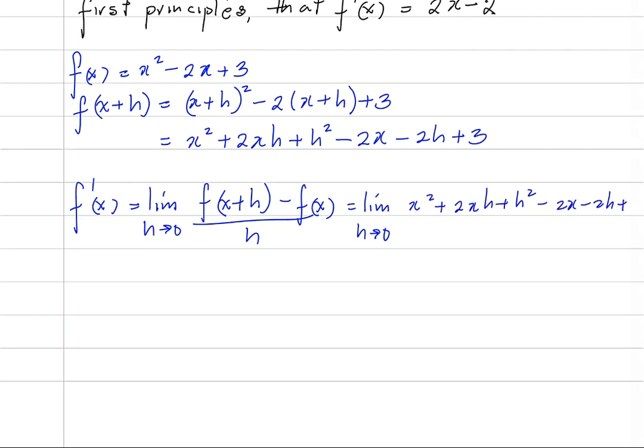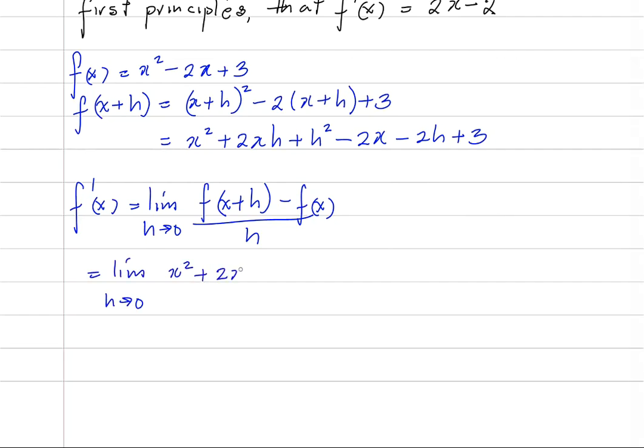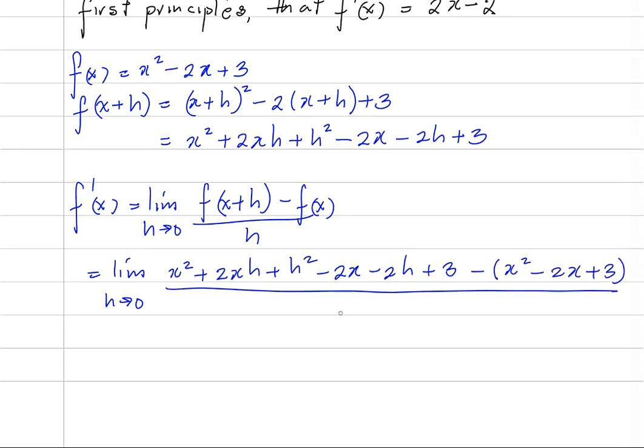All right, this is not going to fit, so let's erase it and go below instead. So this would be equal to the limit as h approaches 0 of x squared plus 2xh plus h squared minus 2x minus 2h plus 3 minus x squared minus 2x plus 3, and this is over h.